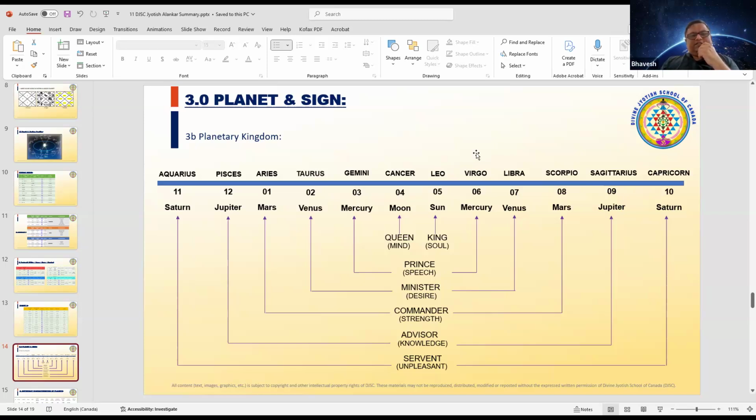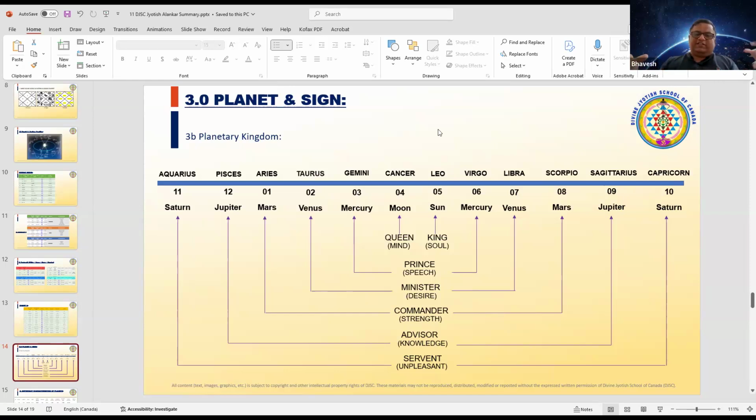This is particularly why I chose this slide from our previous classes, because it gives a good understanding of the role played by each planet at a kingdom level, the planetary kingdom. That gives you an idea of the role of a particular planet in a kingdom.